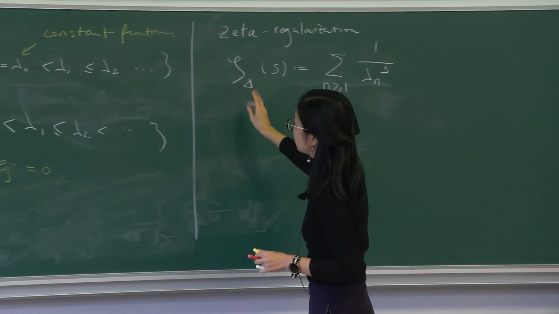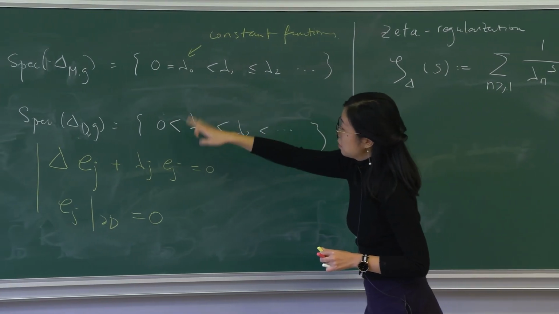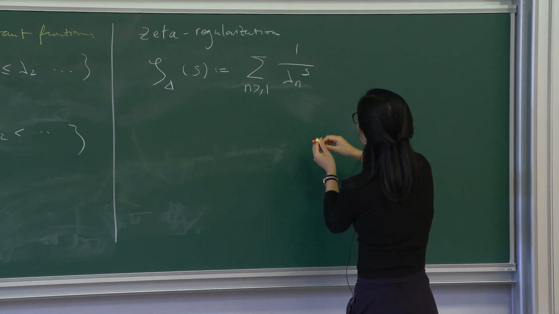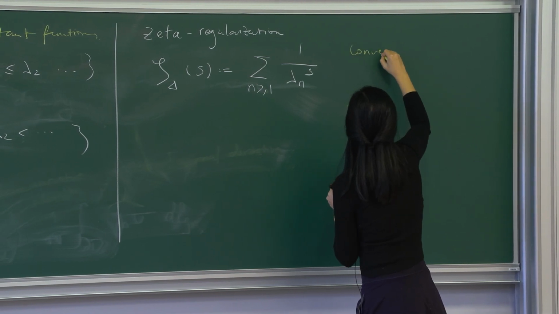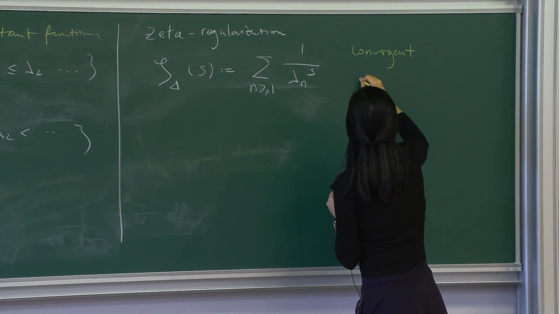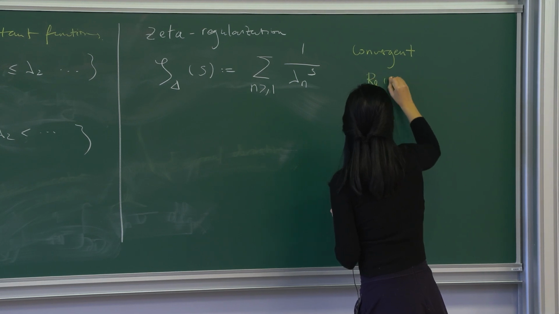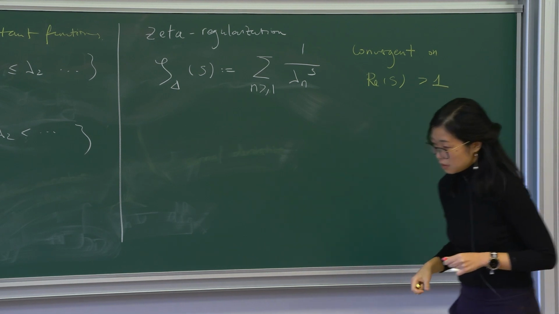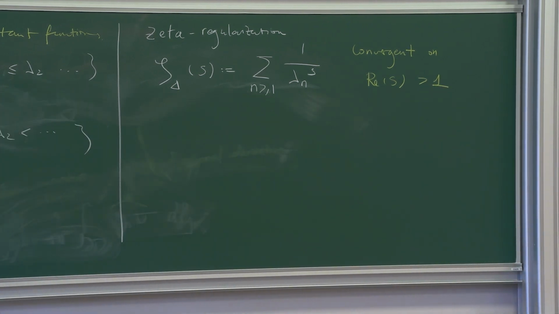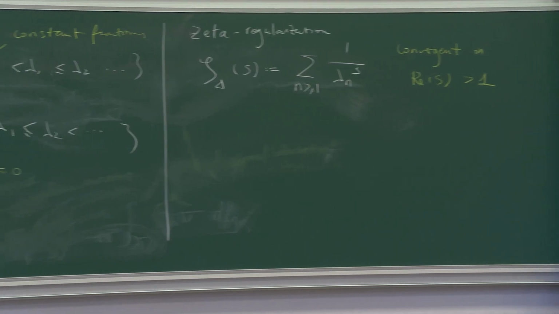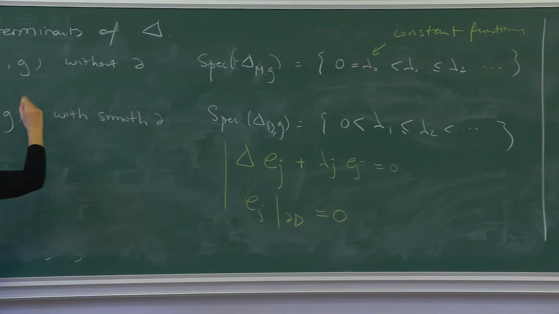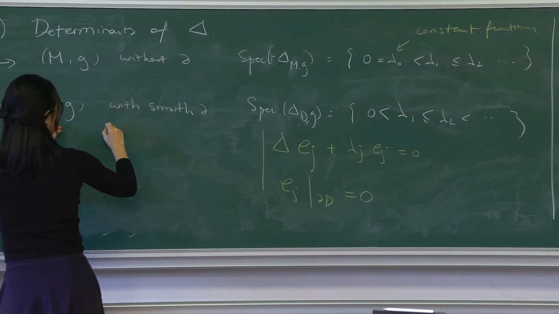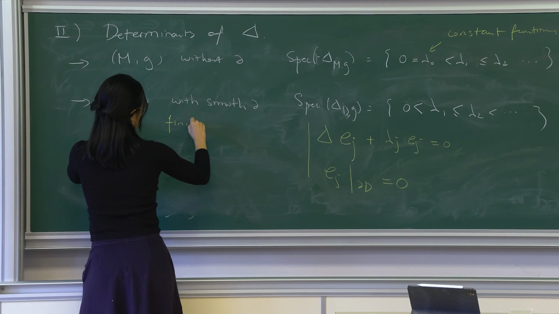Therefore, there will be a distinction between these two. And this is convergent if the real part of s is strictly larger than 1. Sorry, I have to assume something more. This is a compact manifold, with finite area.